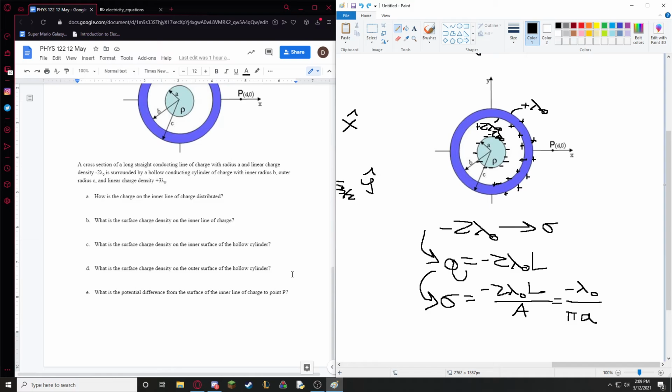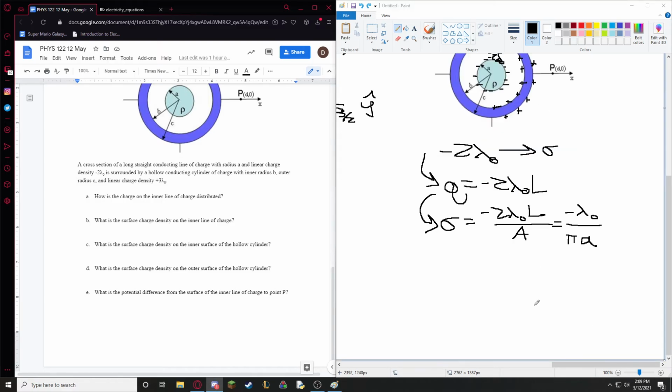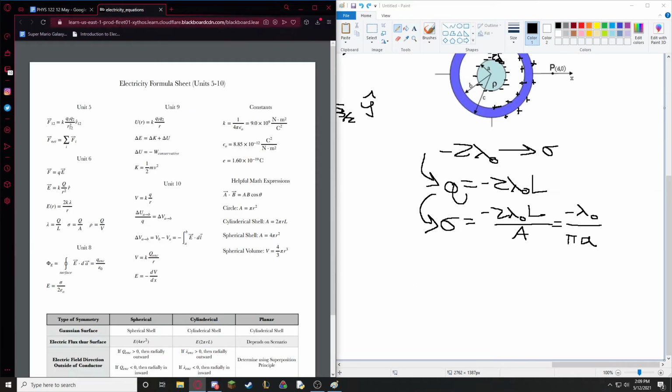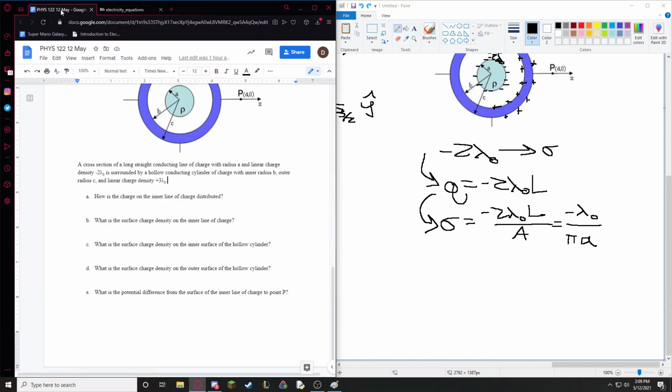So now, how would we actually go ahead and find the potential difference from the surface of the inner line here out to point P? What would we need to do? Voltage equals electric field times the distance. Well, not quite the electric field times the distance.